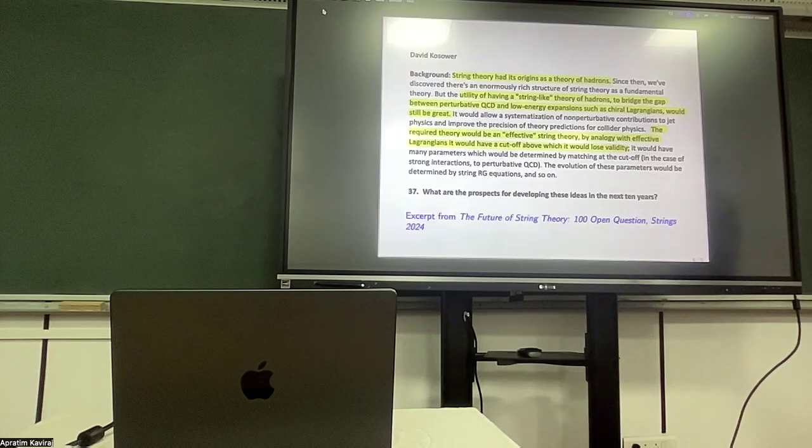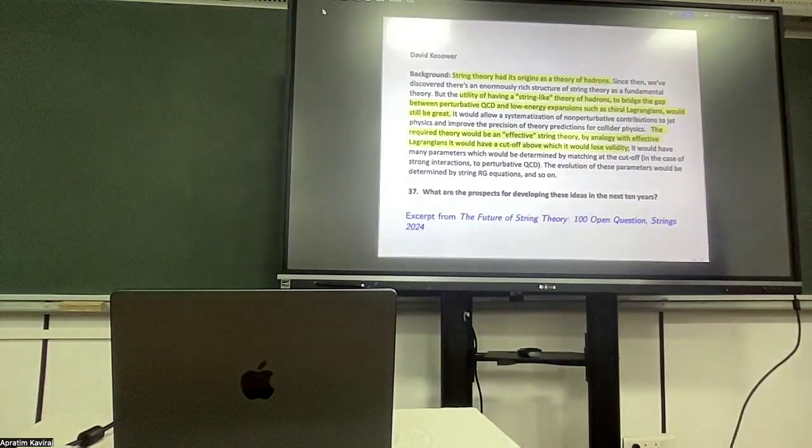The string theory had its origin as a theory of hadrons. The utility of having a string-like theory of hadrons to bridge the gap between perturbative QCD and low energy expansions, such as chiral Lagrangians, would still be great. And if the required theory would be an effective string theory, by analogy with effective Lagrangians, it would still have a cutoff above which it loses its validity.